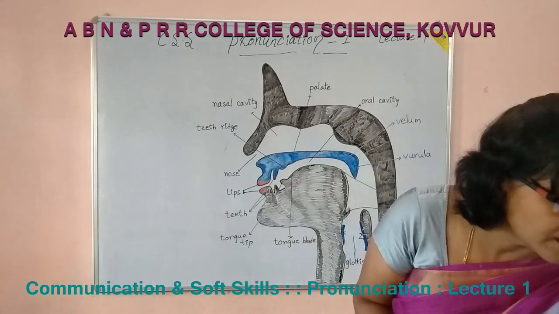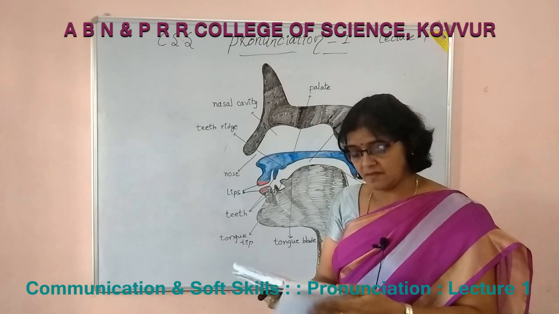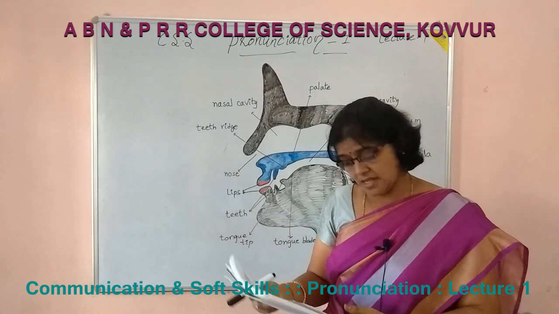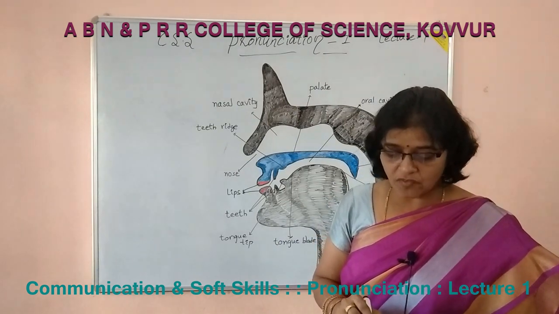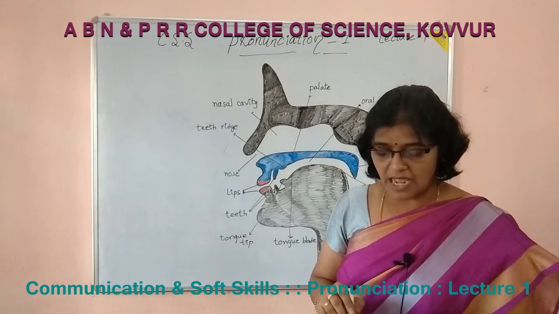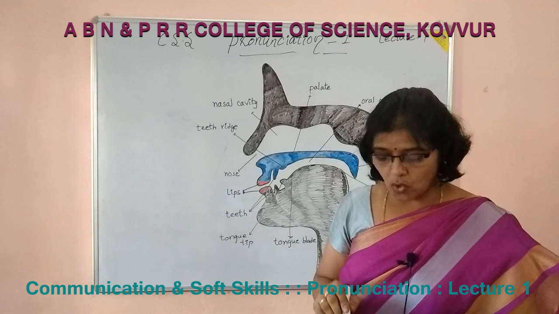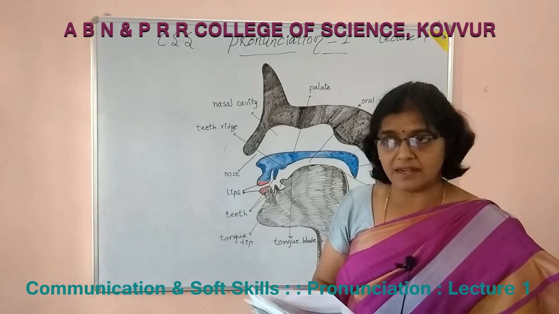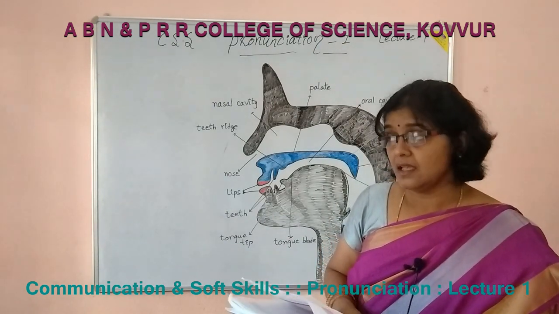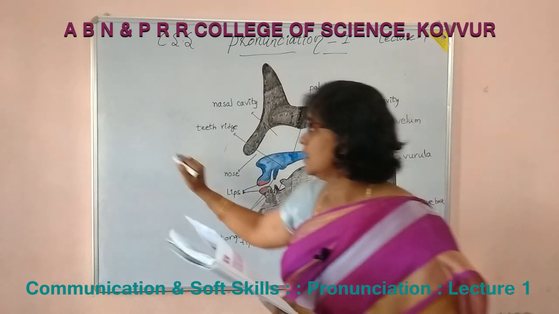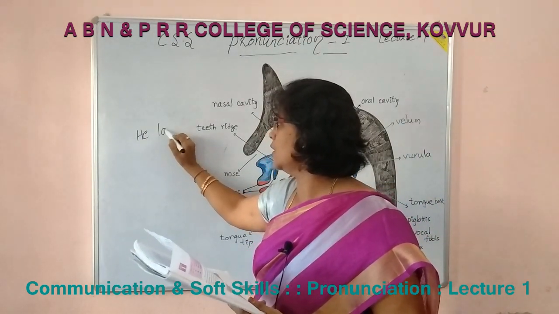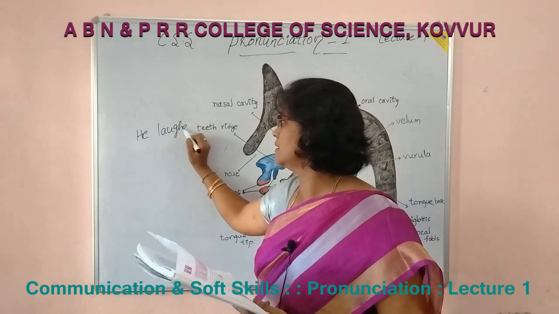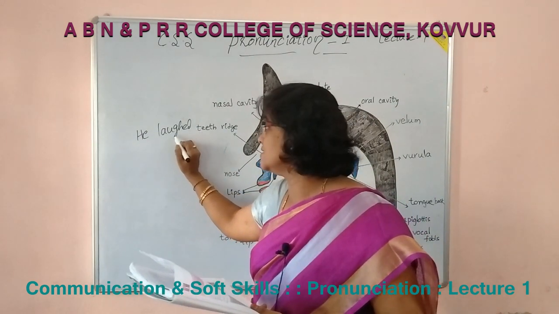If we take another example, the sentence is like this: he laughed at my photo with hands cuffed and folded on an elephant. This is a sentence. In the first word, he laughed, it is GH.